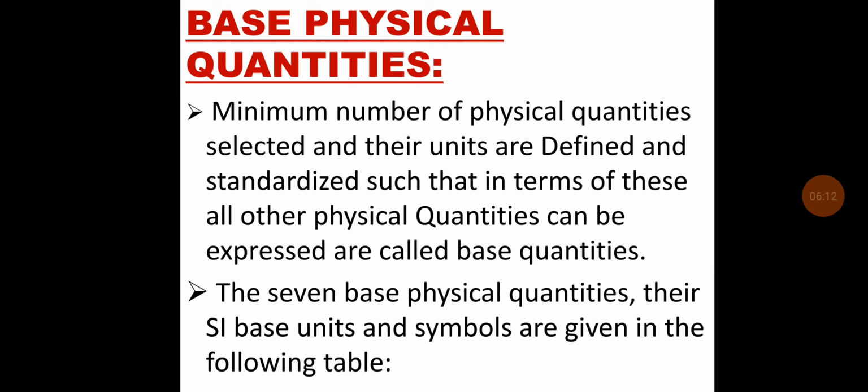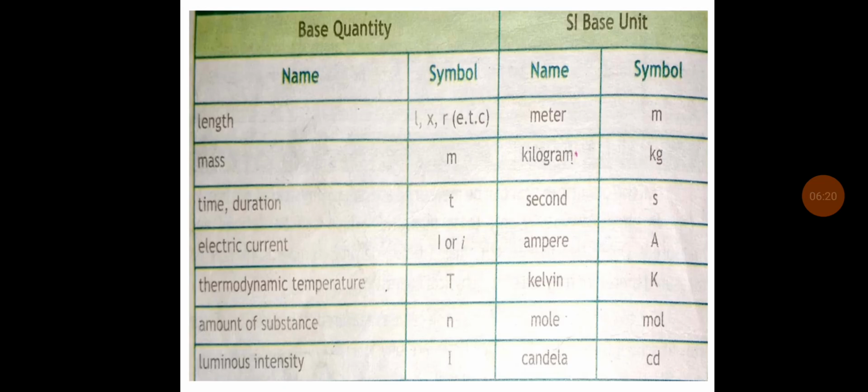So the 7 base physical quantities and their SI base units and symbols are given in the following table. Now on the slide you can easily see the table. It has the base quantity and SI base units. First is length. Length is symbolized as small l, small x, small r, and its unit is meter, small m.